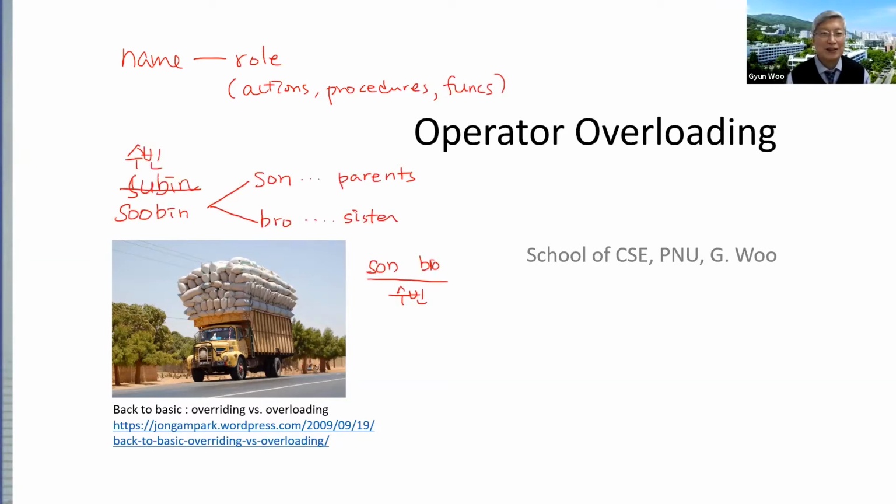The same fact can be considered as a plus here. So think about that. Plus has a role of integer plus, integer sum, and it also takes a role of double sum.